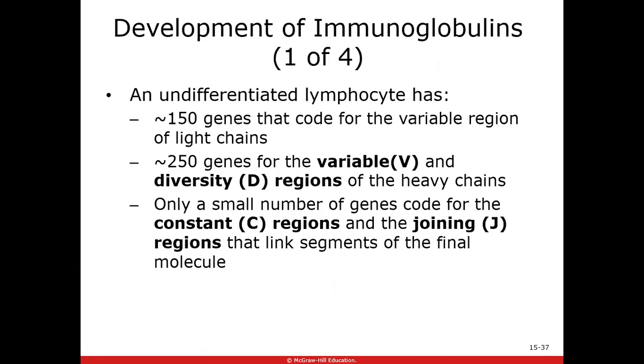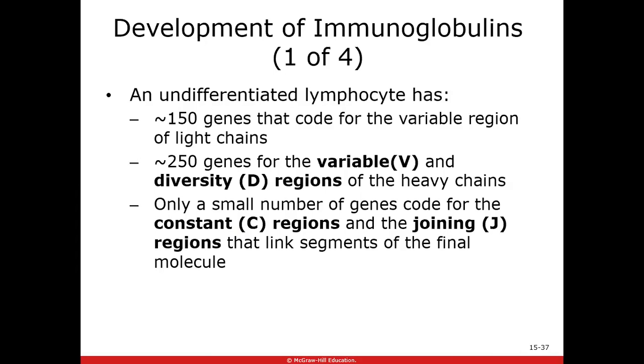Okay, then we talk about development of immunoglobulins. So you have undifferentiated lymphocytes, and then they differentiate to be receptive to multiple different antigens. But once one keys in on one, then that one's just specifically for that antigen.